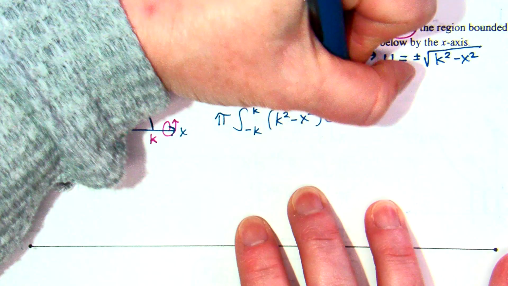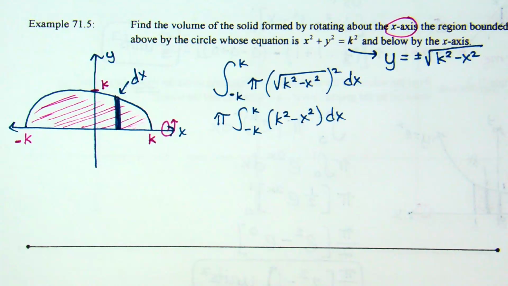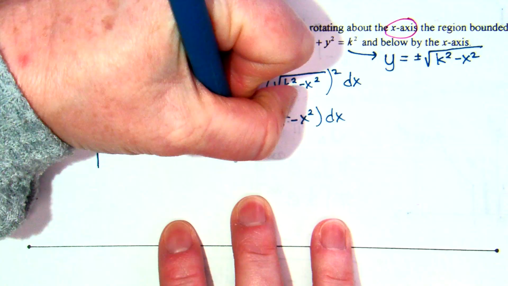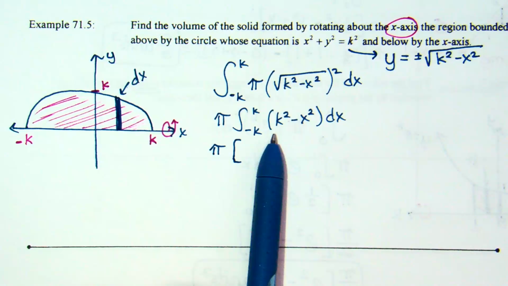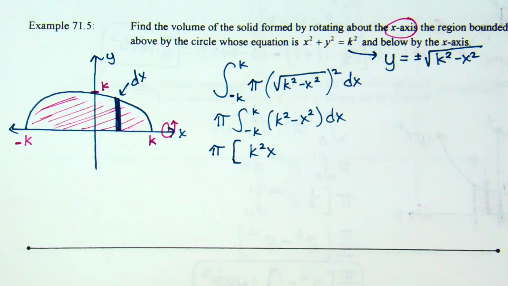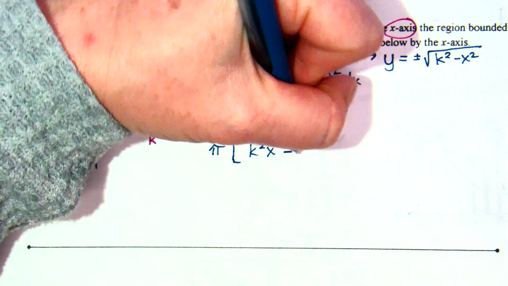So when I say, what's the integral of k squared? k is a number. So when we do the integral, it's going to be k squared x minus, what's the integral of x squared? One-third x cubed. Evaluate from negative k to positive k.